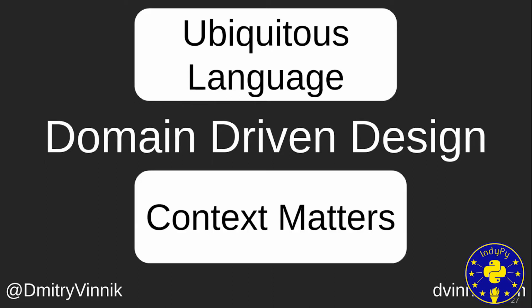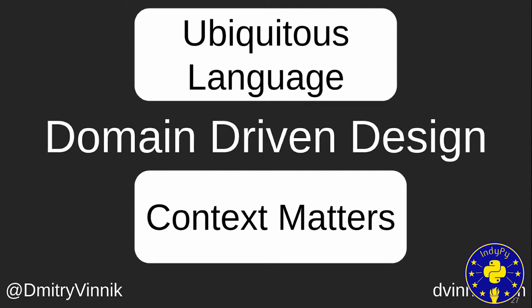To give an example, another important point in domain-driven design is the idea of context. For example, if we, as a company or as a department, are working on an accounting system, and we have a Java class called account.java, that account is going to look very different in my accounting system compared to another team that works on authentication.